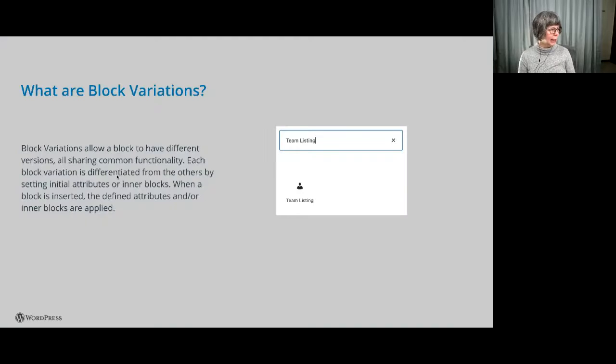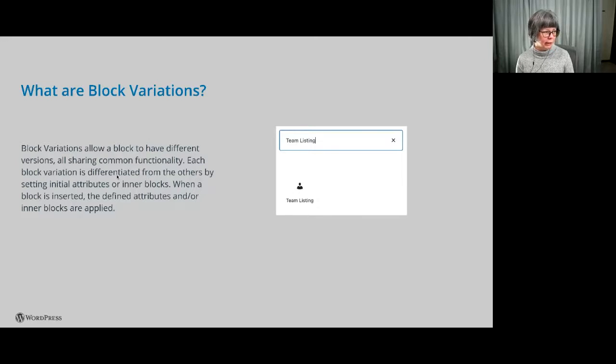So let's dive in. A block variation is basically you registering a version of a block that already exists. So it's kind of like a shortcut to creating your own block. If you get a block the way you want it, and if it's a container block, it can actually contain additional blocks, you can register it as a block variation, and it will show up as its own block in the inserter.